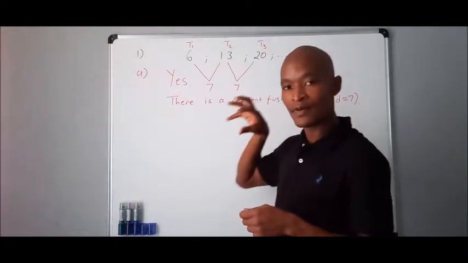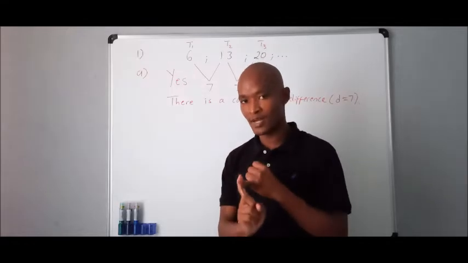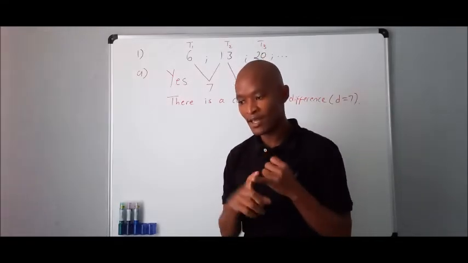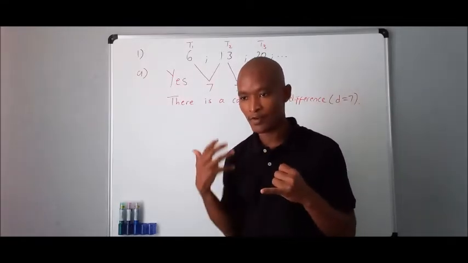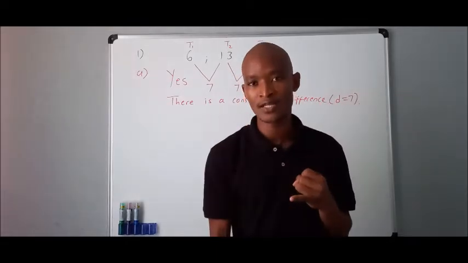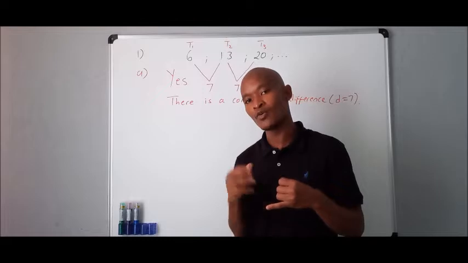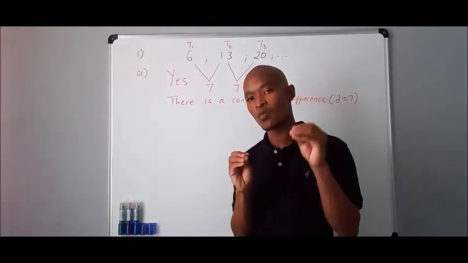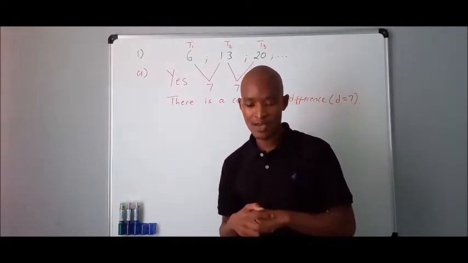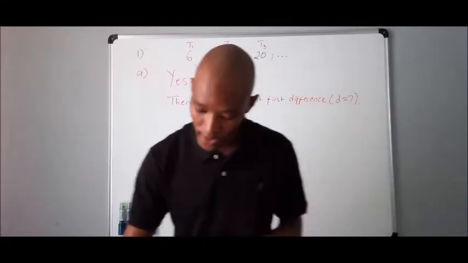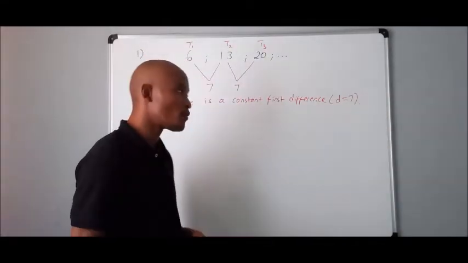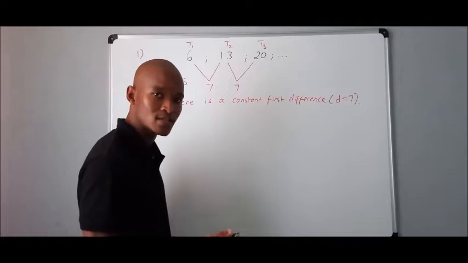Okay, you've identified that indeed it is arithmetic. So looking at the list of formulas, and of course you are given a formula sheet, you don't need to memorize these formulas, but you need to know which formula goes with which type of sequence. Okay, so the nth term for an arithmetic sequence is what?